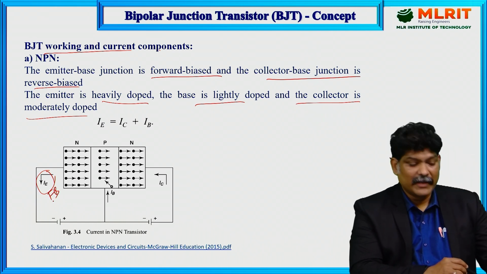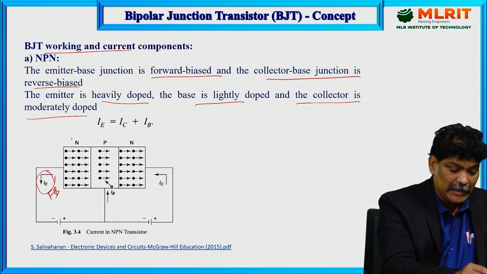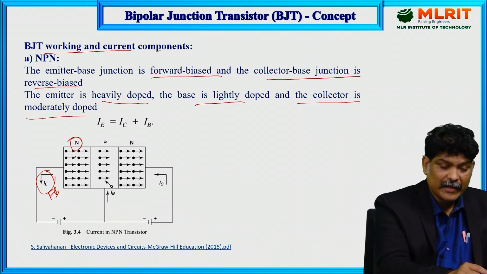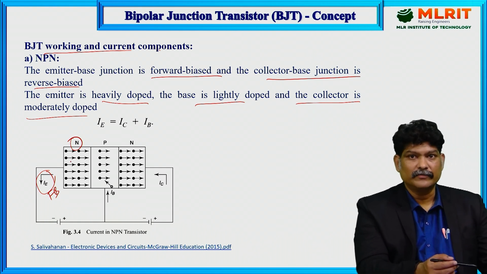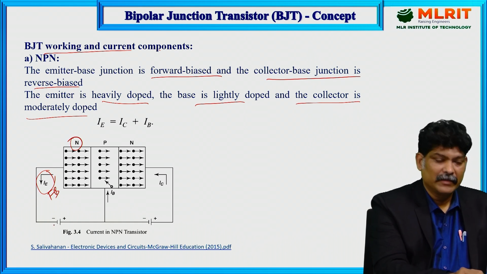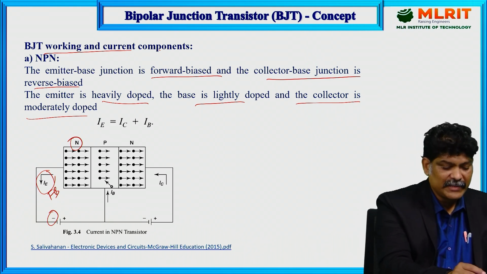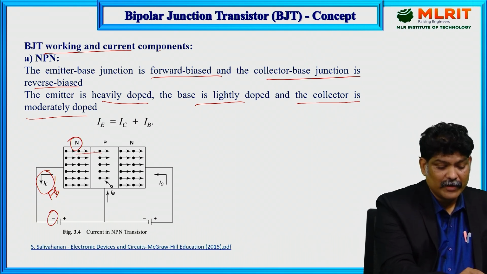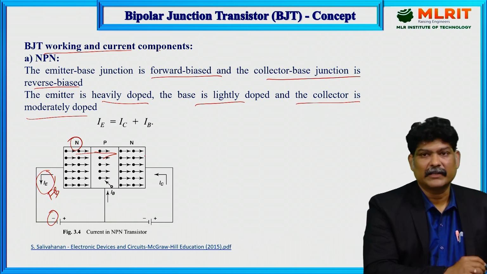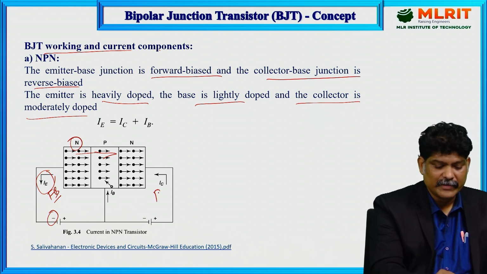When forward biased, the N type semiconducting material being negatively charged, those electrons are repelled by the negative polarity of the battery. Because of this reason, they move forward to the base region and then enter into the collector region.